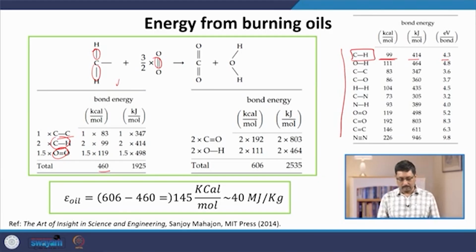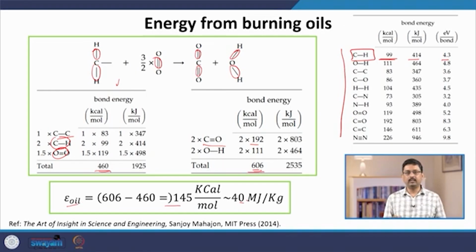For the right hand side, after the reaction, again you have these two bonds and these two bonds, and you can compute the bond energy for each of these bonds, and you get the bond energy of the right hand side after the reaction. You notice that before the reaction and after the reaction these values are not the same, and chemistry teaches you that this difference in energy is released as chemical energy from the reaction.